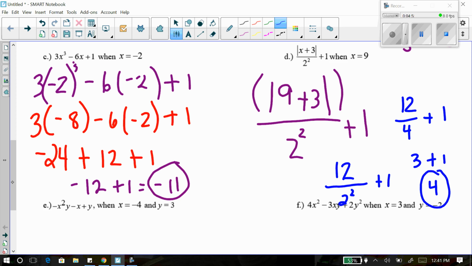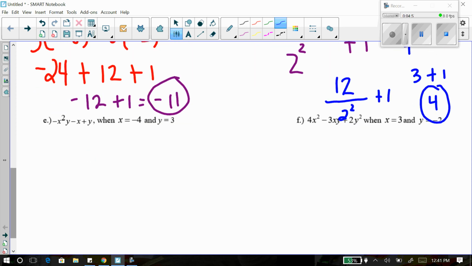All right, let's try letter E. Oh, this is a fun one. Everywhere I see an x, I'm putting in negative 4. Everywhere I see a y, I'm putting in 3. Let's write it out. You have to use parentheses when you are substituting in your values. You just have to. You will make mistakes and the calculator will not read it right if you do not use parentheses.